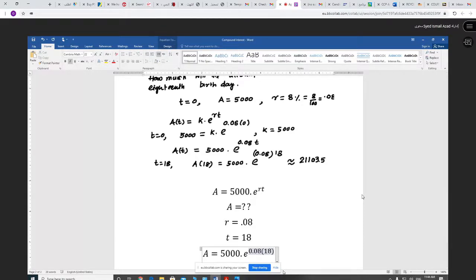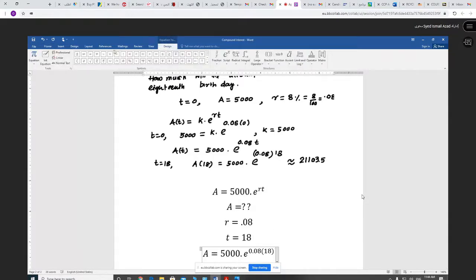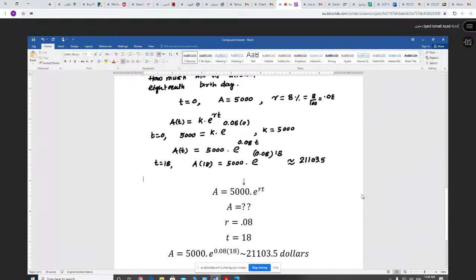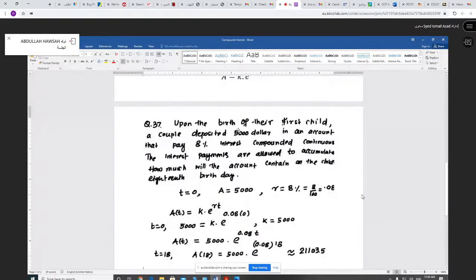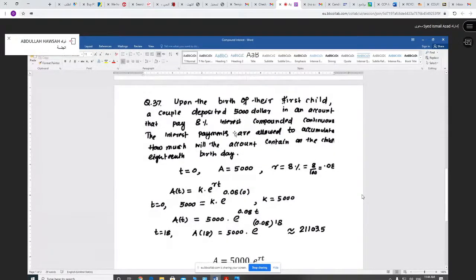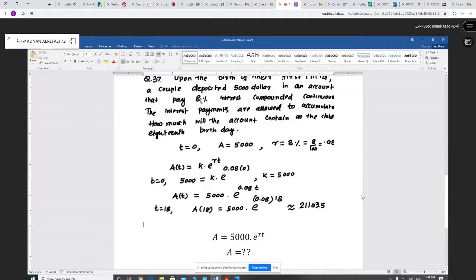Once you do this, it is approximately equal to 21103.5, and the unit is dollars.